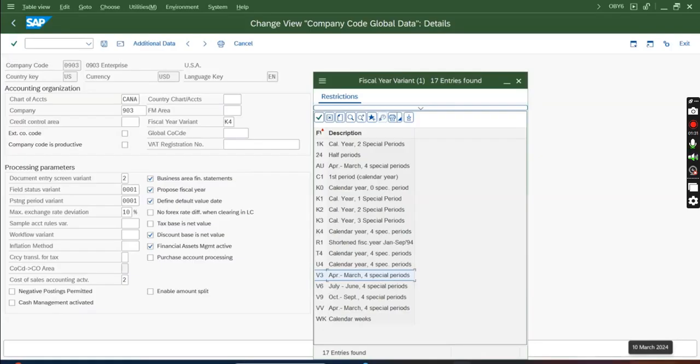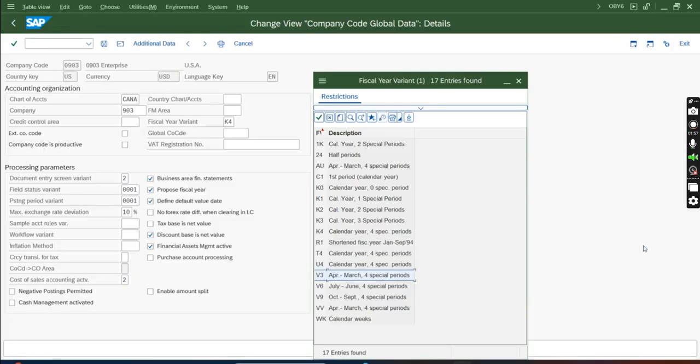Period 1 is Jan, period 2 is February, period 3 is March. Now, although it is 10th of March, they realize that some posting which should have happened in February cannot be made because the February period is closed. To post it, they can use a special period. But again, this is used in FI only. This is not used in FICA.